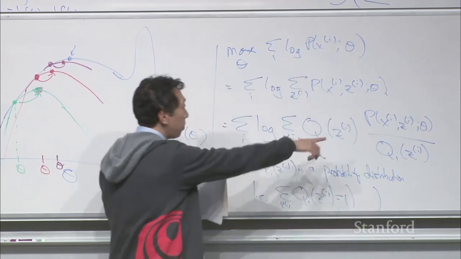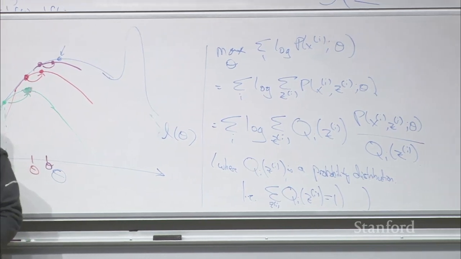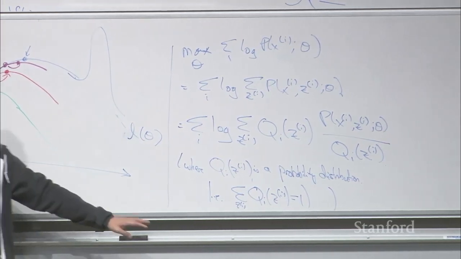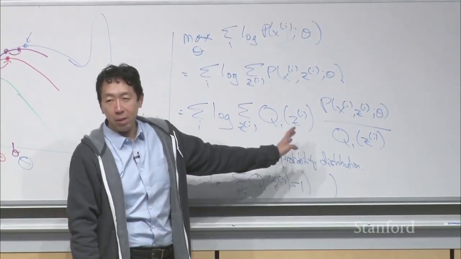Okay? So I'm going to multiply and divide by some probability distribution. And we'll decide later how to come up with this probability distribution Qi, right? But I'm allowed to construct a probability distribution and multiply and divide by the same thing, right?